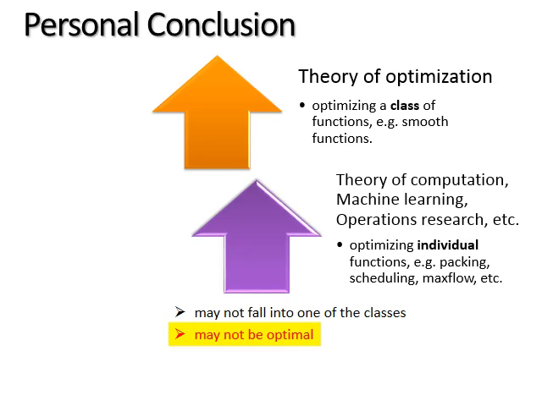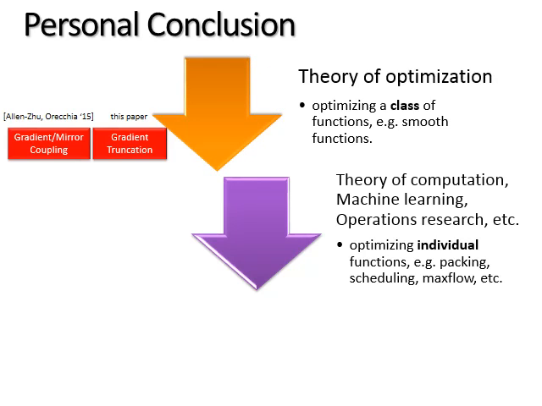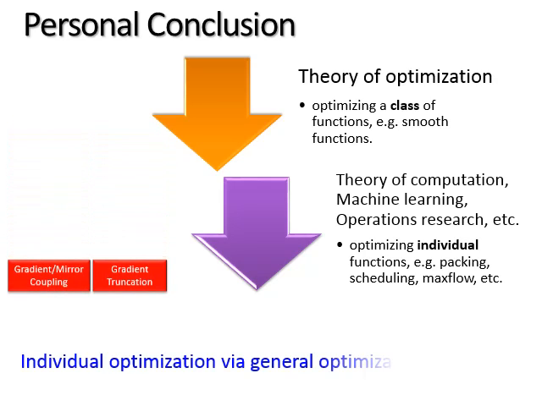So therefore, I am personally very enthusiastic recently about an alternative path of designing algorithms, which is to both abstract away and design new techniques from the optimization theory. For instance, today's talk is about the coupling technique and the gradient truncation technique, and then applying those techniques to individual problems.